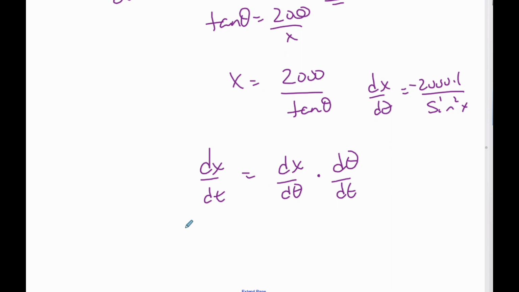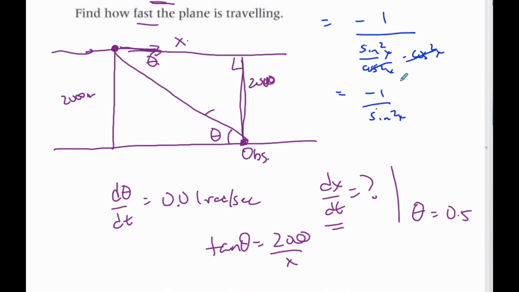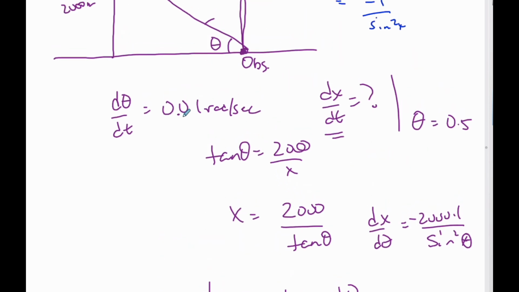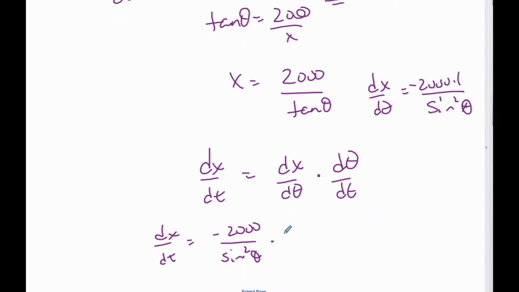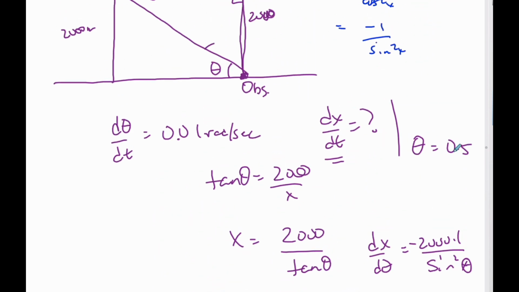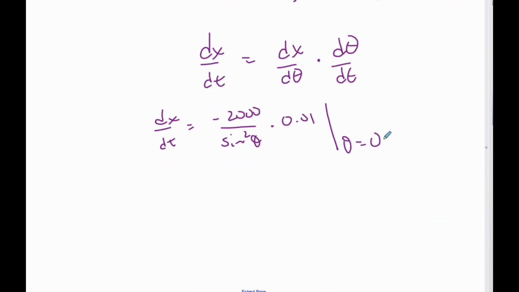So now I want dx dt. I know that it's negative 2,000 over sine squared, and here it is x, but right now it should be theta, times d theta dt, which is 0.01, and I'm going to do this when theta is equal to 0.5.